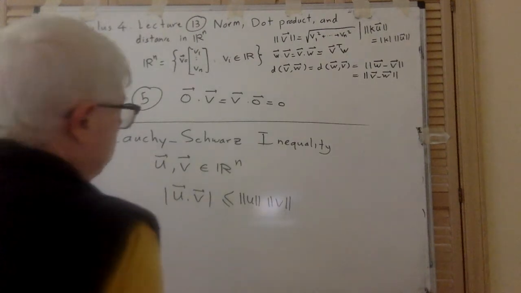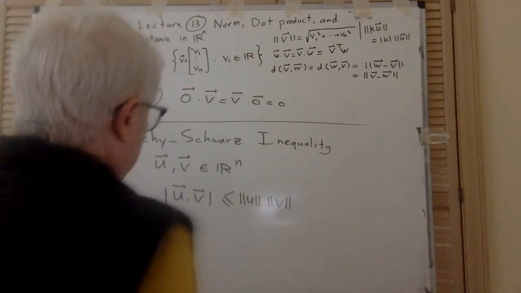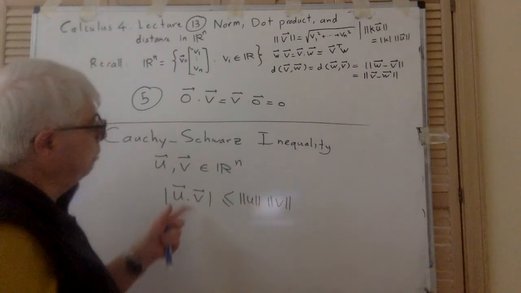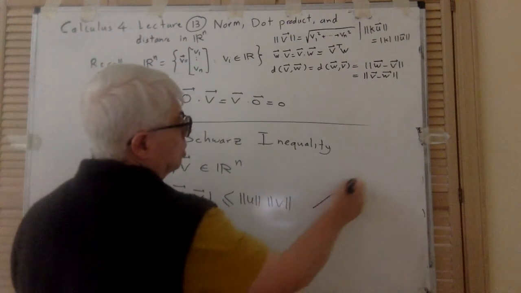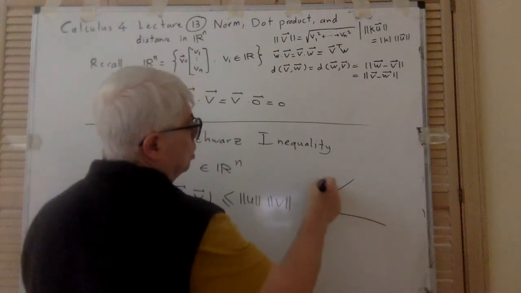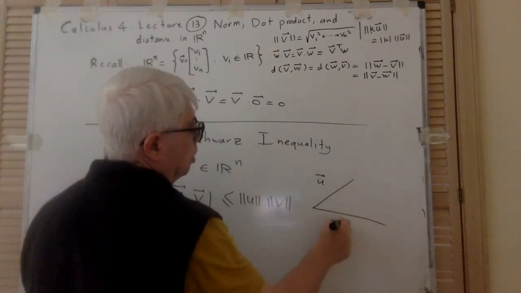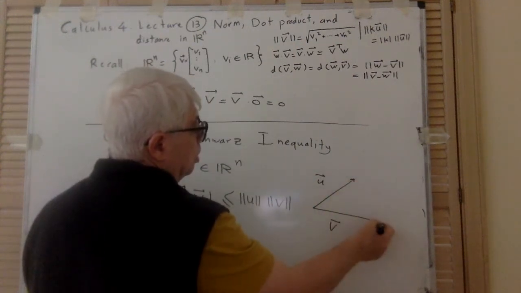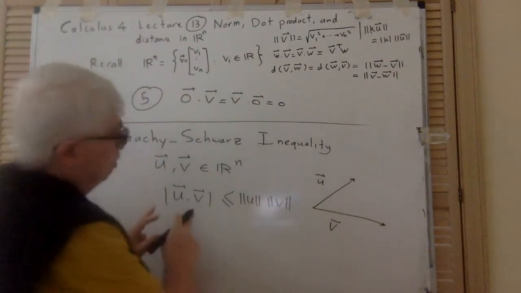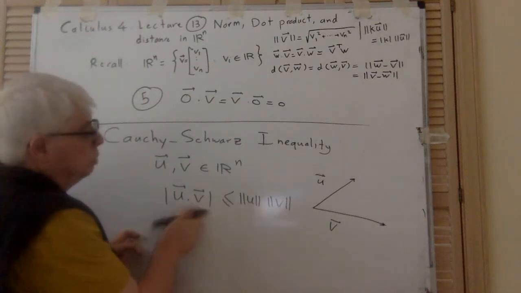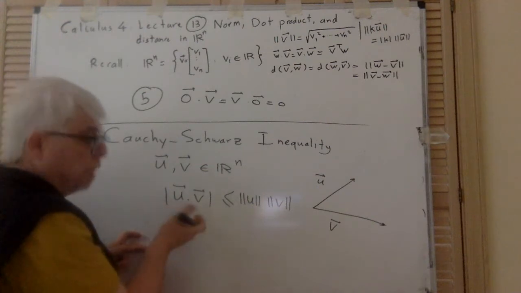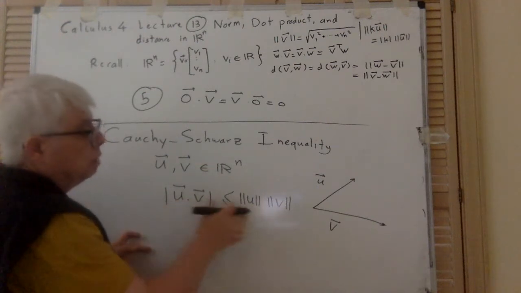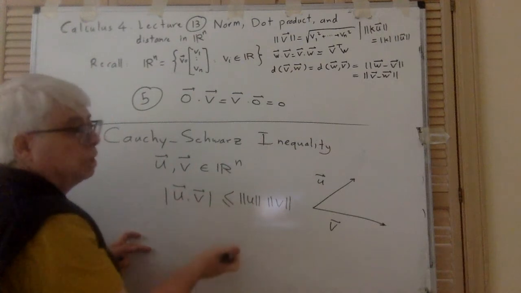Okay, so it means that if you dot these two vectors, U and V, and remember the dot product can be positive or negative, so we take the absolute value of that, because if it is negative, then this is negative, this is positive, and it's obviously less than positive.